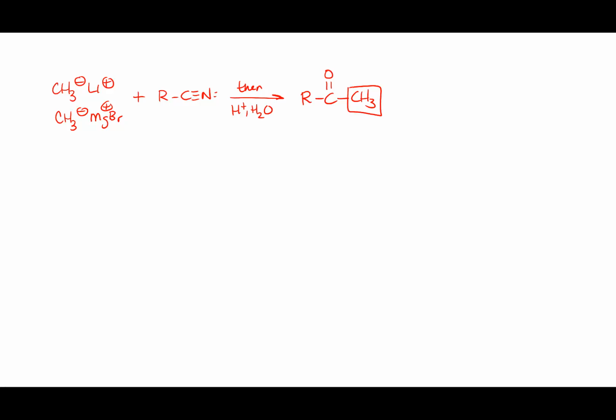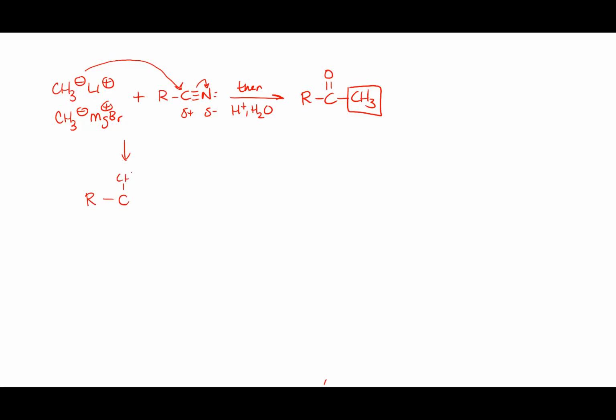We should. All right, so CN triple bond, forgot to say this before, carbon is delta plus, nitrogen is delta minus. What's the CH3 minus going to attack? The CH3 minus is going to come in and attack the carbon. Pair of electrons is going to go to the nitrogen, just like the H minus came in, attacked the carbon, and the pair of electrons moved to the nitrogen.